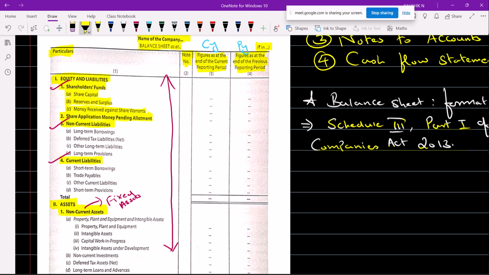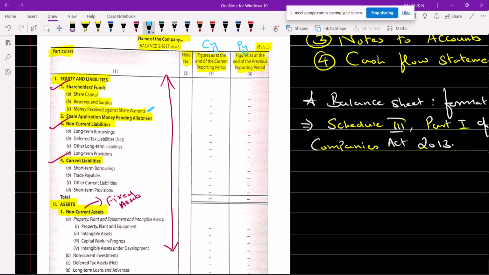Remember, this particular one, money received against share warrants, is not a subhead. It is an item shown under shareholder funds after reserves and surplus as a separate item, but still it is not a subhead.